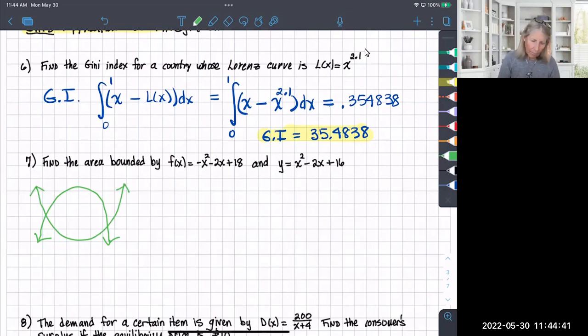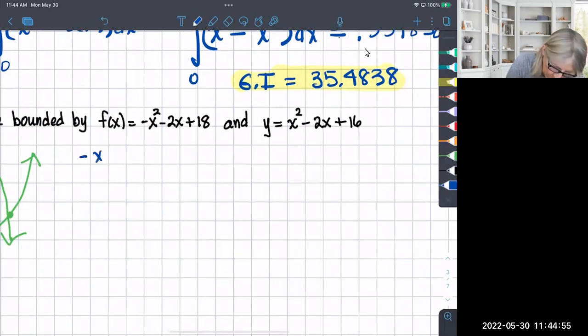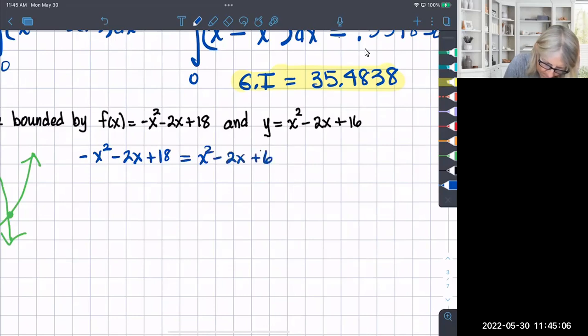So what I need to do if I'm looking for the area is first find the intersection points. Where do they intersect at? And then I can know where to put the limits of integration on my integral. So let's do that. We find those by setting these equal to each other. So negative x squared minus 2x plus 18, we set that equal to x squared minus 2x plus 16.